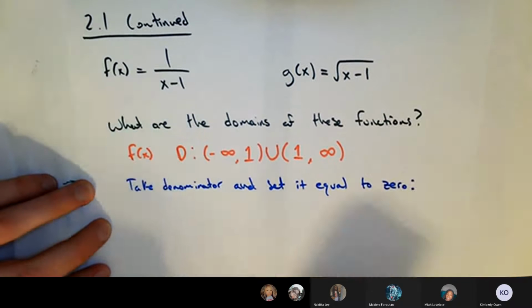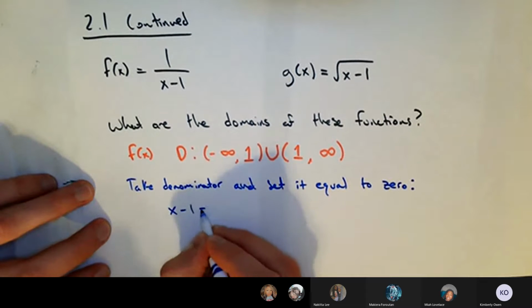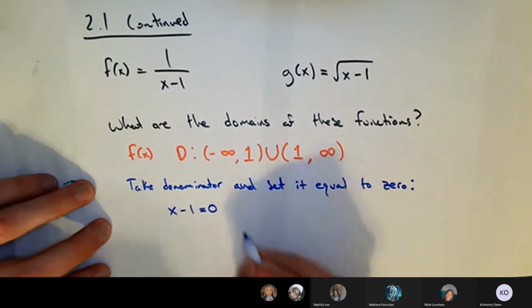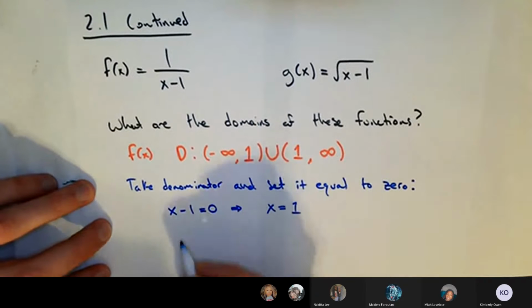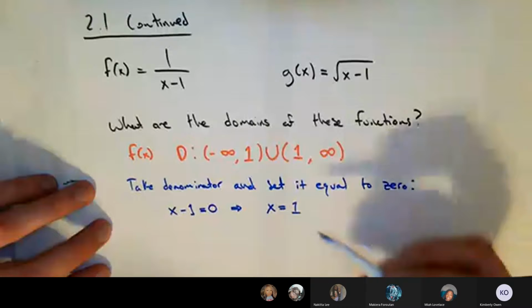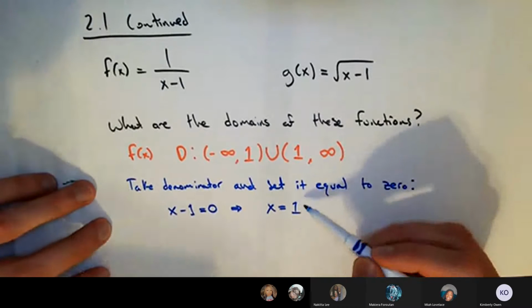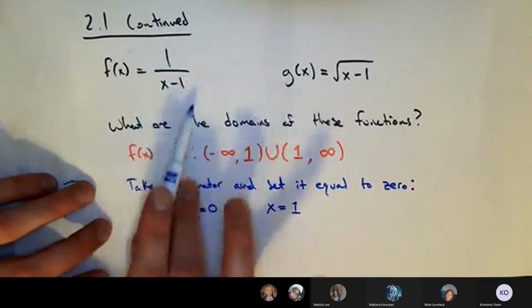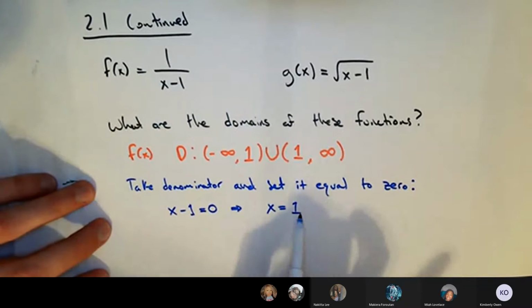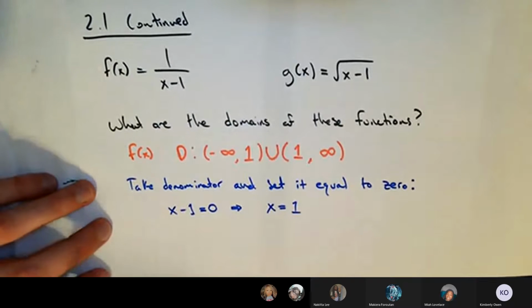So for this one, I would say x minus 1 equals 0, and solve for x, so x is 1. This is the number that x is not allowed to be. That's what we're doing when we set the denominator equal to 0: we're trying to find that value that it cannot be. That's the number that goes here and here.